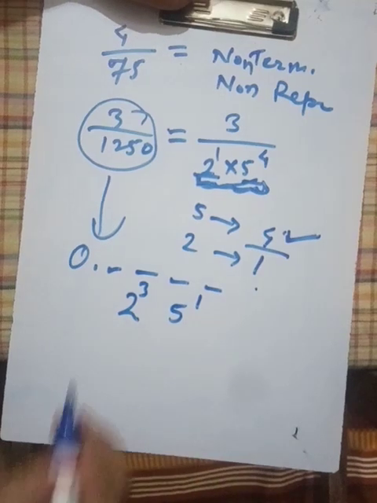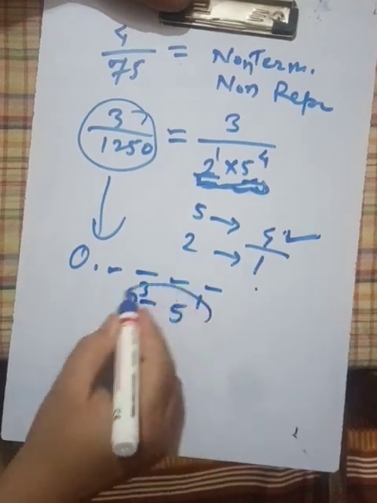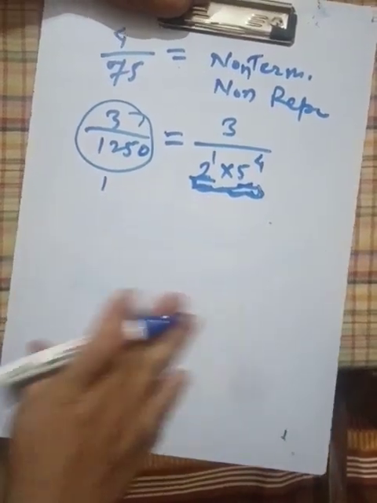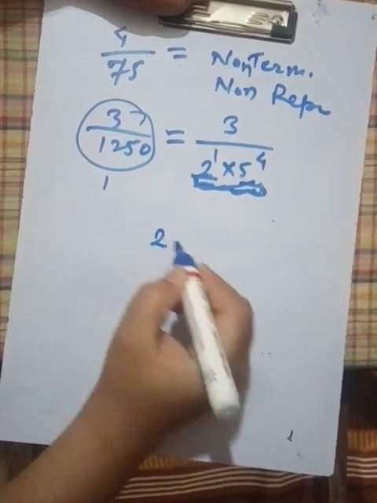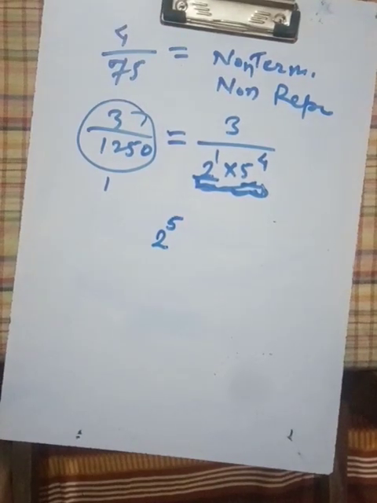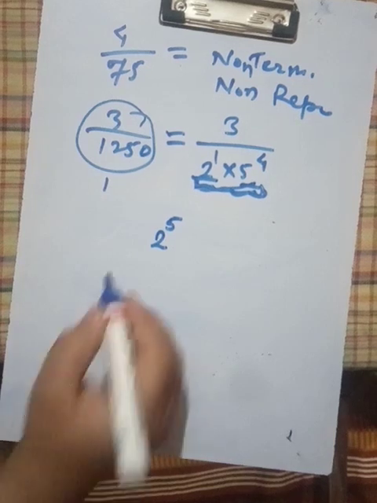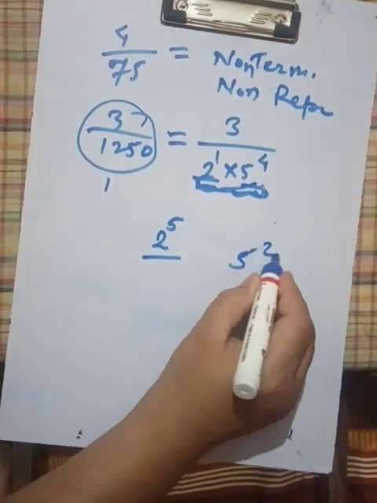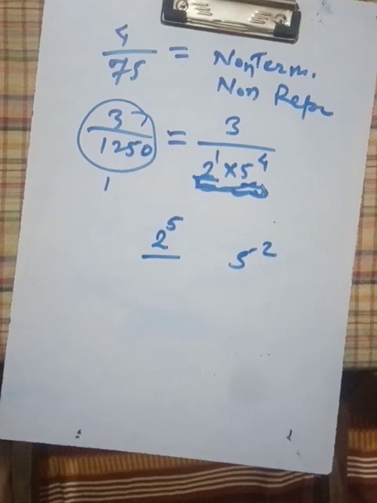Then this is greater, so this will take 3 digits. Suppose the denominator is only in the form of 2 to the power 5, then it will take 5 digits to terminate. If 5 to the power 2, then it will take 2 digits to terminate.